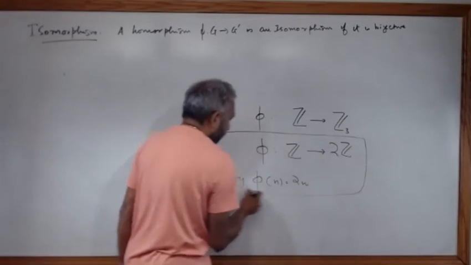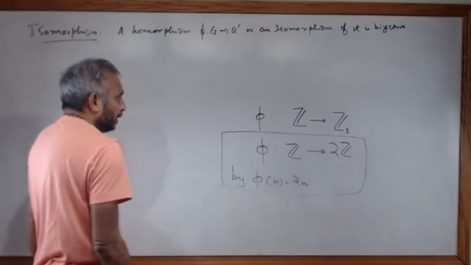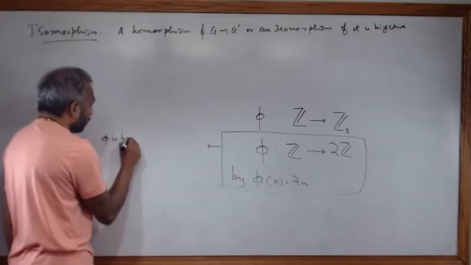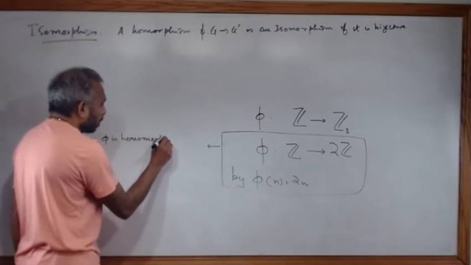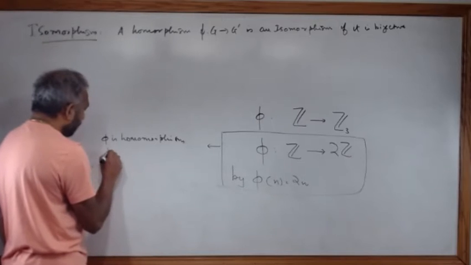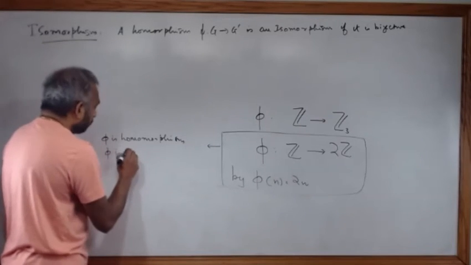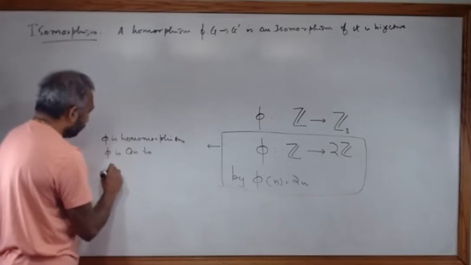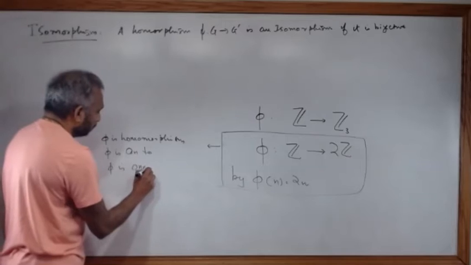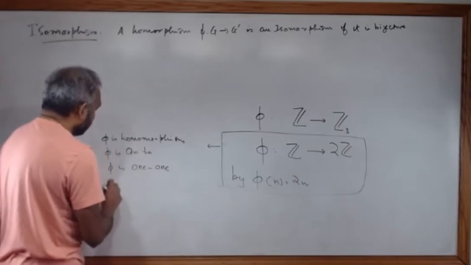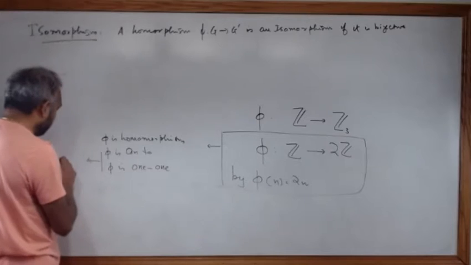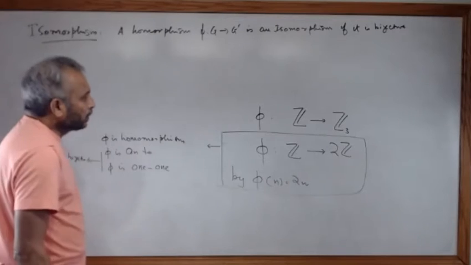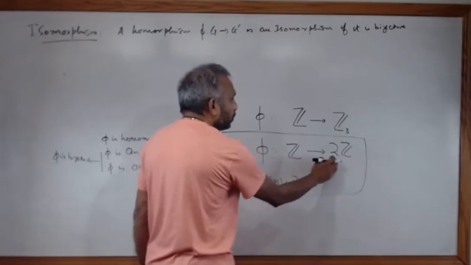This phi is a homomorphism, and this phi is onto, and this phi is 1-1. So that means this is a bijective map. So Z and 2Z are isomorphic.